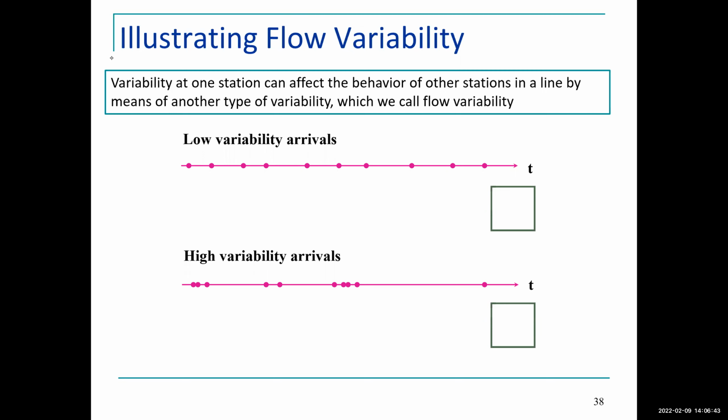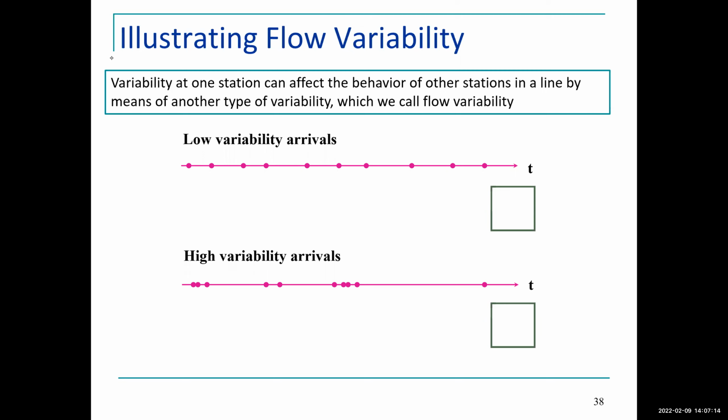So what we are saying is this has an impact, okay? And it's going to affect, if you are not managing variability properly, you can see that variability that is creating problems into your process can be extended to other areas of the process as well. So variability at one station can affect the behavior of other stations in line by means of another type of variability, which is what we call flow variability.